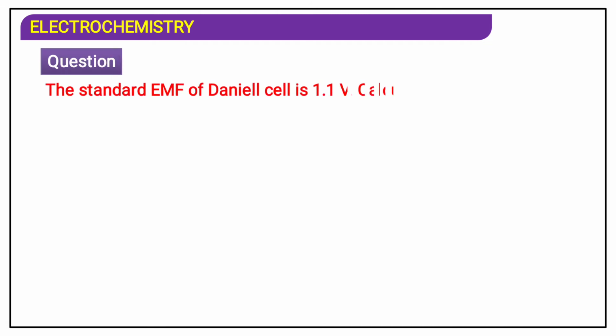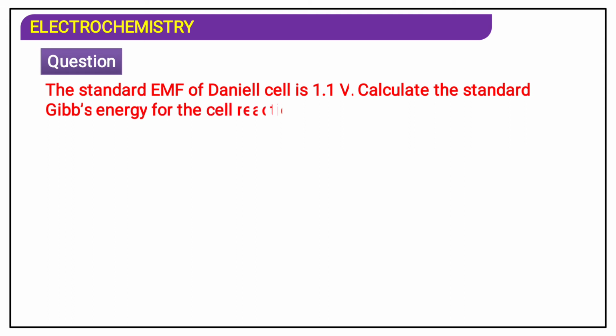So let us go to solving a problem. What is the meaning of standard EMF? Standard EMF is nothing but E naught cell. They gave 1.1 volt. Calculate the standard Gibbs free energy. It is a very easy level problem. They gave E naught cell, and we have to calculate the Gibbs free energy.